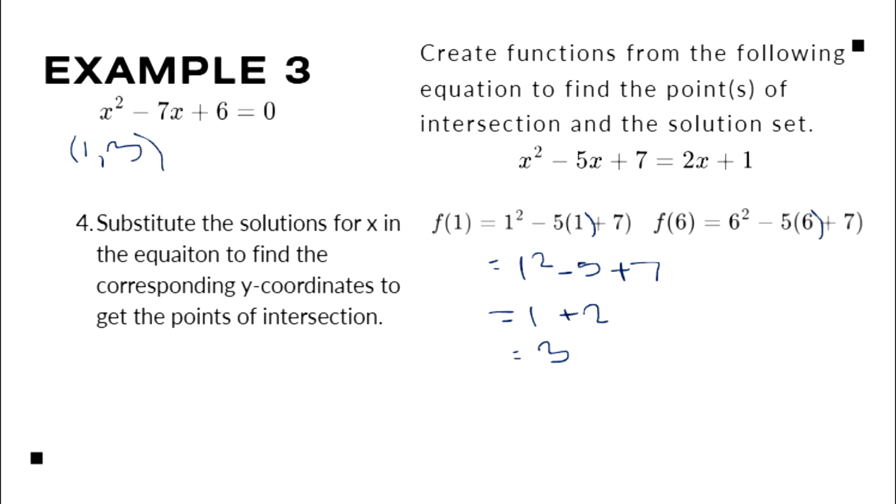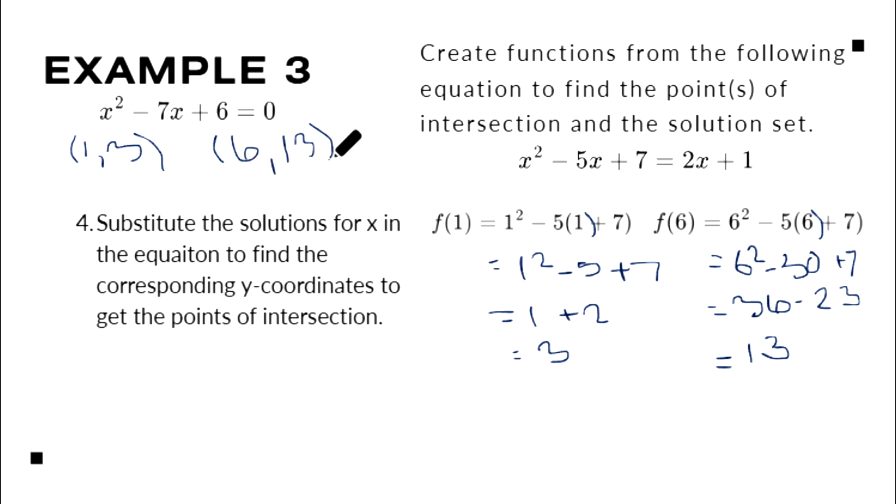Now we have 6 squared, parentheses first, negative 5 times 6 is negative 30, plus 7, 6 squared is 36, minus 23, which gives us 13. So our second coordinate point is 6, 13.